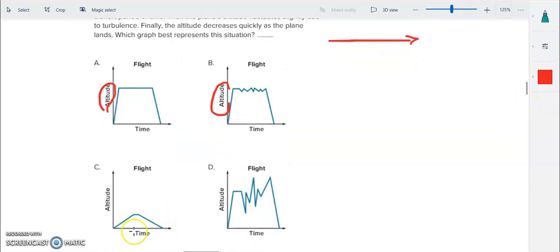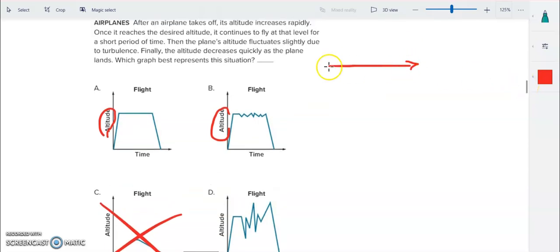So time is going, altitude goes up quickly. Well, compared to these other graphs, I would not say that that is altitude going up quickly. What's the next thing to say? Once it reaches the desired altitude, it continues to fly at that level for a short period of time. Then the plane's altitude fluctuates.